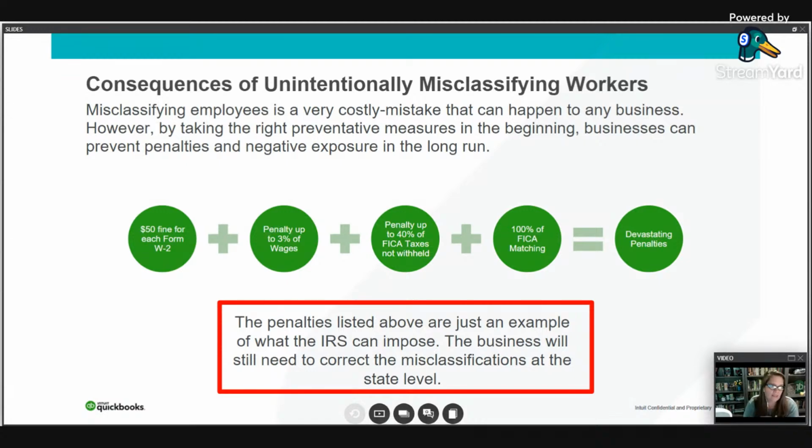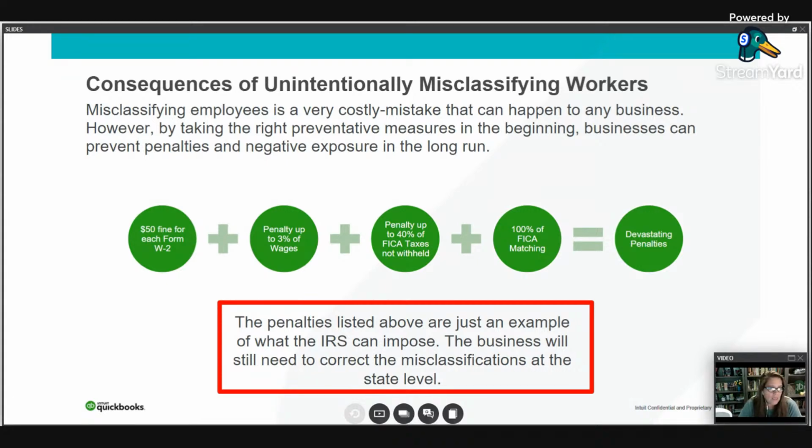So first of all, how do they get caught? That's one of the biggest questions my clients ask: how would I even get caught as an employer? Most of the time, a worker who believes they've been misclassified is going to file a complaint, either with the State Department of Labor or the federal Department of Labor.